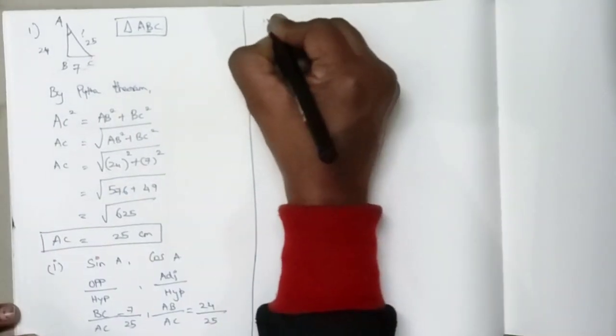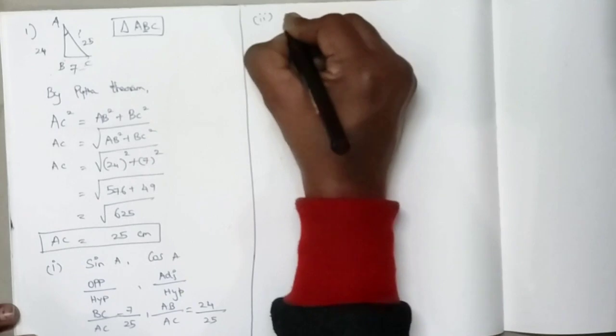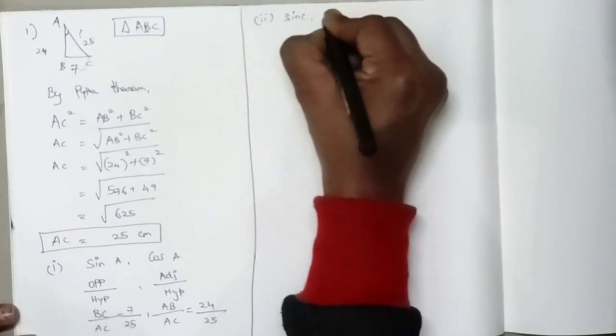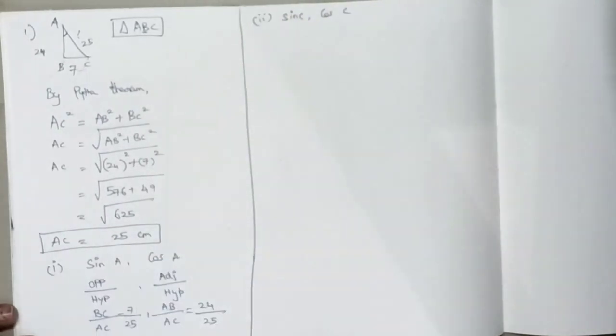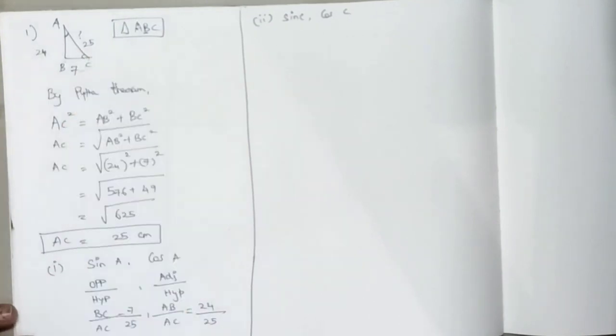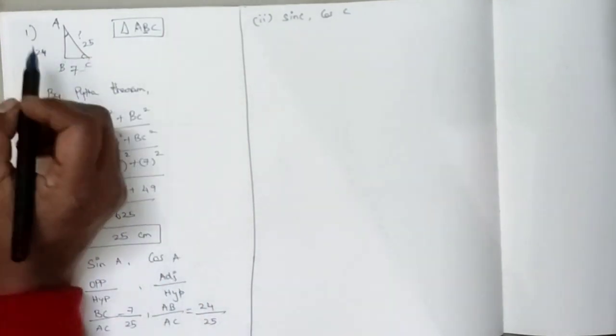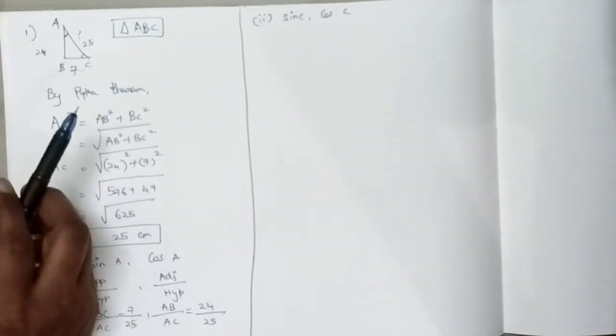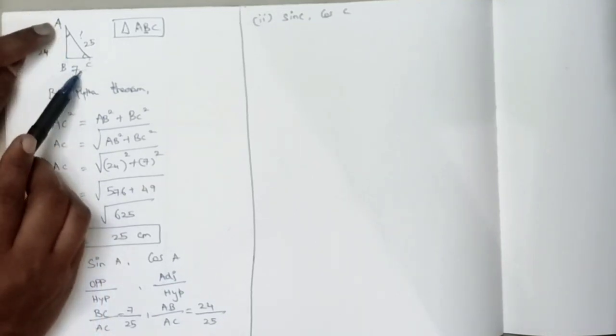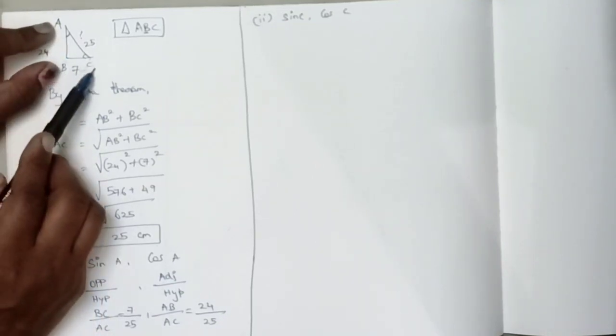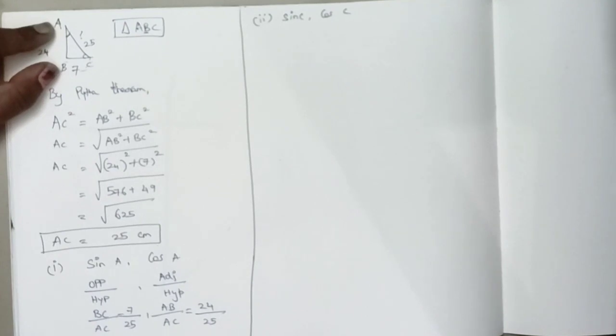Going back to the second one, it is sin C and cos C. Okay, where is C? This angle. Simply, we can say the opposite of angle A is BC, which is adjacent to angle C. Am I right?